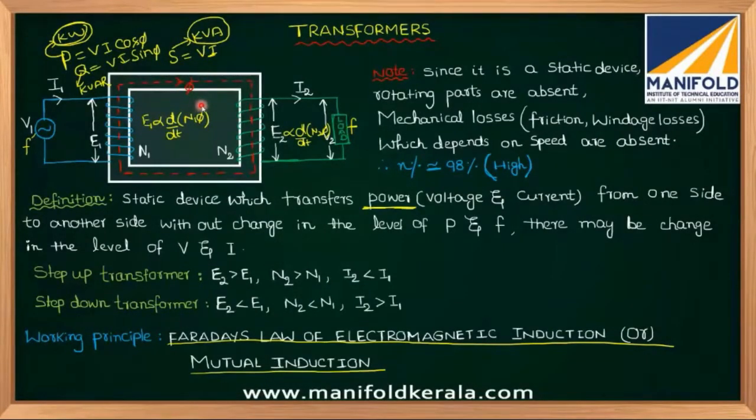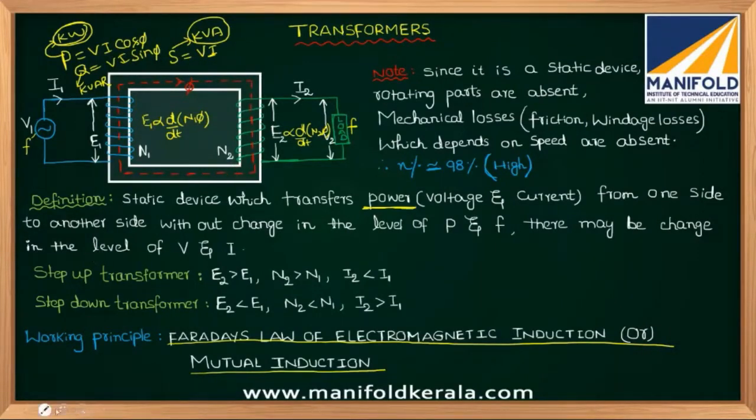That flux only I'm calling phi m. Please try to understand, the magnitude of the maximum value of core flux, nothing but phi m, will be maintained constant irrespective of load changes. Why we maintain core flux constant, and how we have to maintain it, all those things we'll see in future.